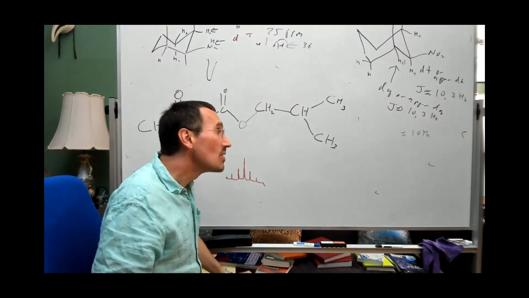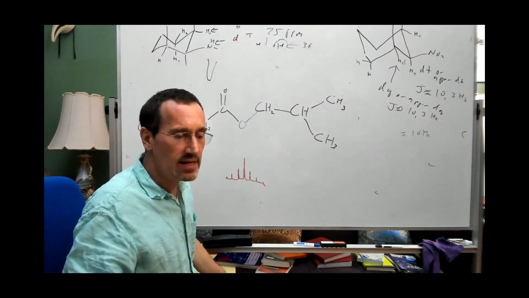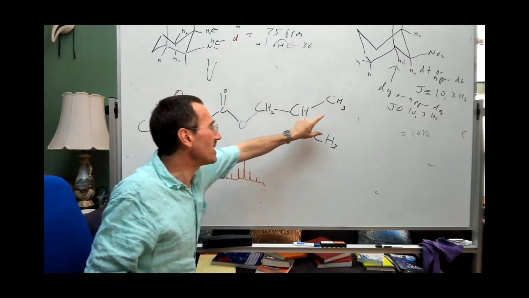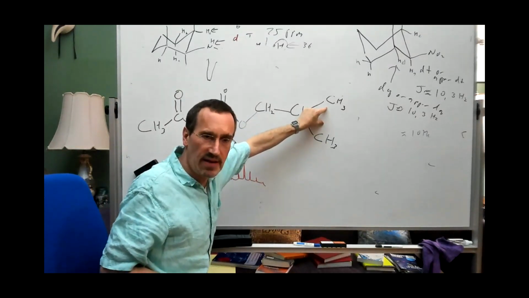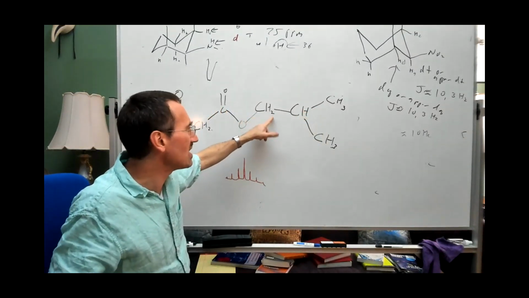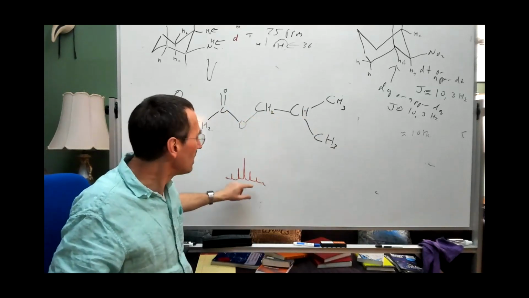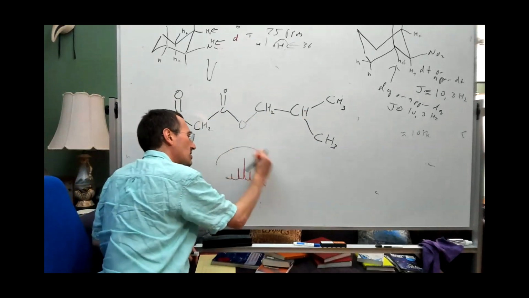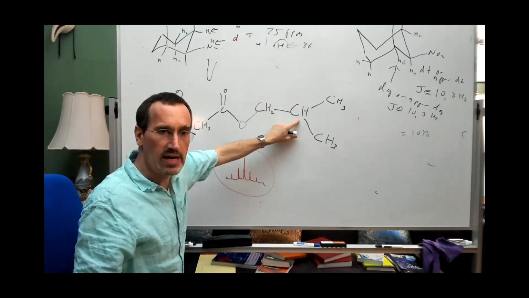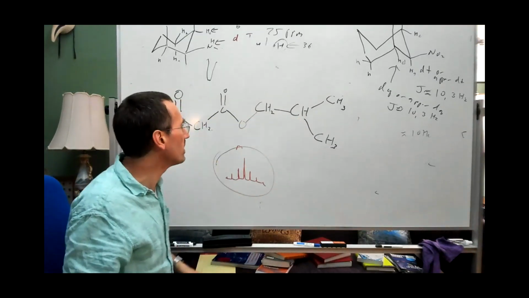If you wanted to analyze it, and I wouldn't even try septet, it may be akin to a septet of triplets, but I'm betting that our J's here are about 7 hertz, and with the heteroatom of the oxygen, maybe our J's here are 6 hertz. It looks just a hair smaller. So I wouldn't try to describe this as more than a multiplet, but it doesn't surprise me that it's not just a plain vanilla isopropyl group over here.